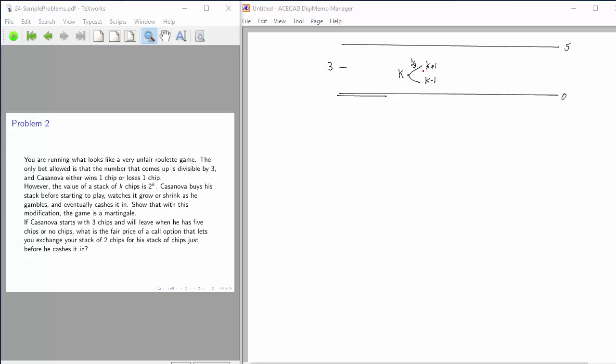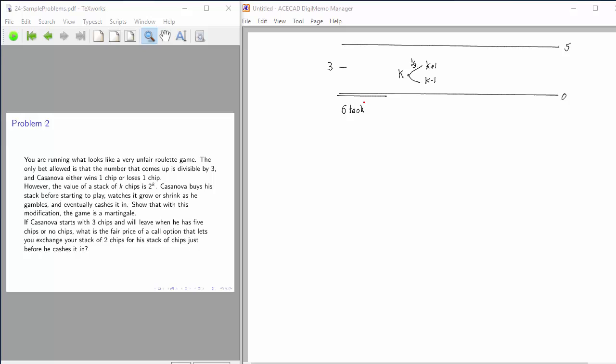How are we going to make this fair? The answer is we decree that when you cash in a stack of K chips, you get 2 to the K dollars. So basically, adding 1 chip doubles the value of your stack, while losing 1 chip halves the value of your stack. Okay, let's prove that this is a martingale.